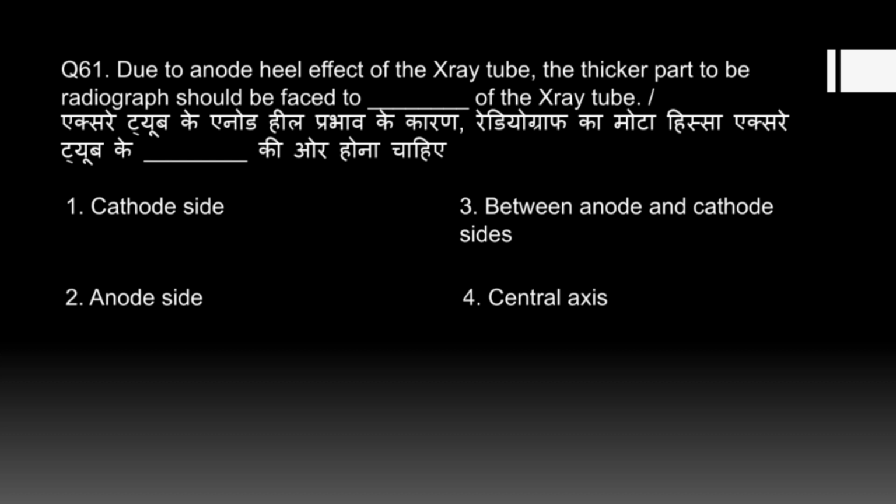As you know, in the heel effect, the intensity of the X-ray beam is not the same across the radiograph. So the right answer is option number 1, cathode side. The thicker part of the body part should be put toward the cathode side, to avoid any contrast difference of the body part.